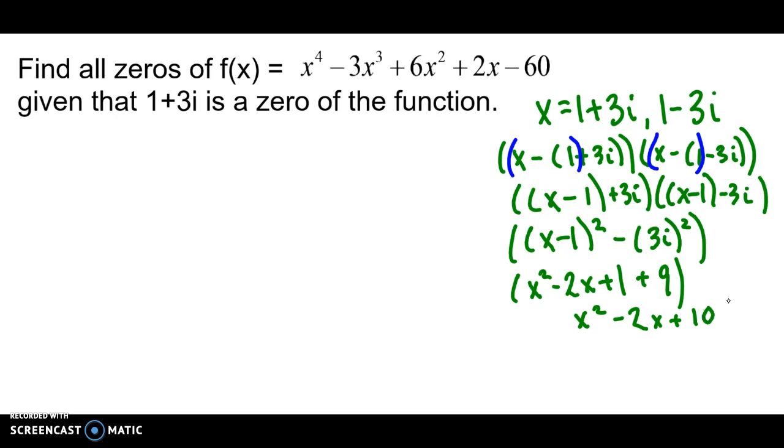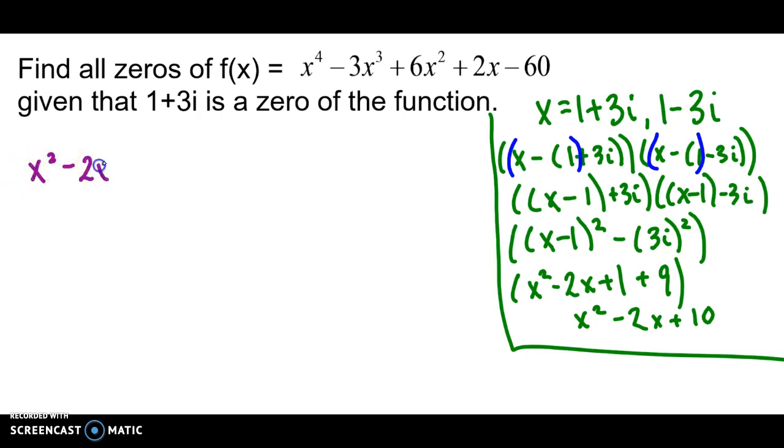The purpose of doing this is that I have these two zeros, and I wrote those as factors. So this quadratic has the two factors of these complex zeros. This is a little side work we had to do before the problem. Now I can use long division, everyone's favorite.